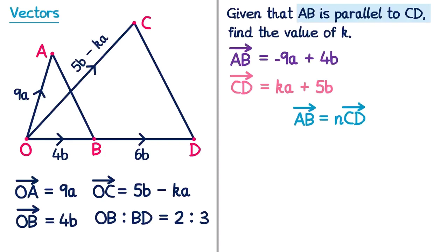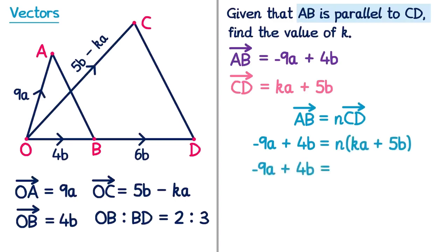So let's write in the vectors. AB is negative 9a plus 4b, and this equals n lots of CD, which is Ka plus 5b. If we keep the left-hand side the same, but expand the right-hand side, we do n times Ka, which is nKa, and n times 5b, which is 5nb.